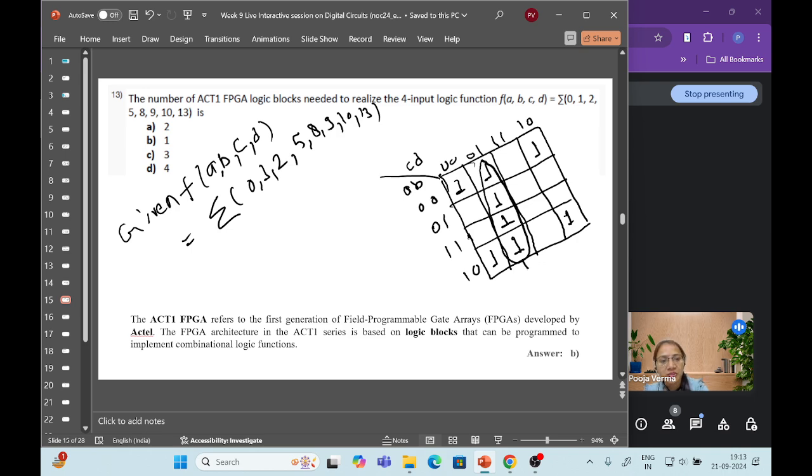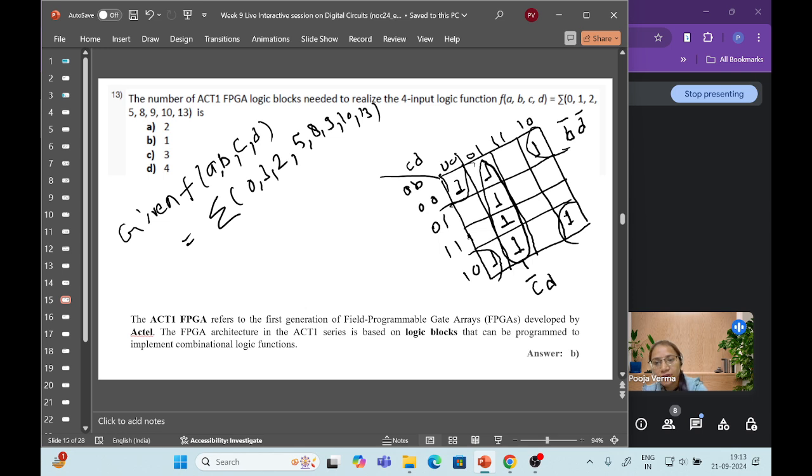So there is a group of 1s. What will be the value of this one? That is C dash D. Now we can make one group here also, that is all the corners. What will be the value of this one? Here 0 will be common, so B dash D dash.